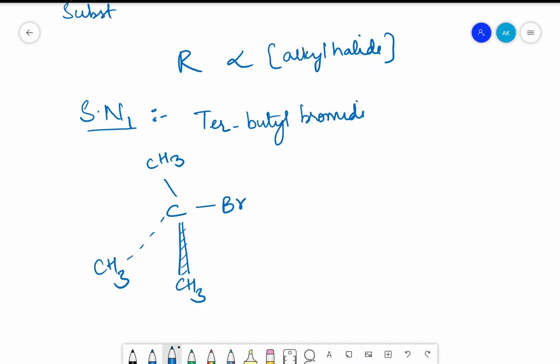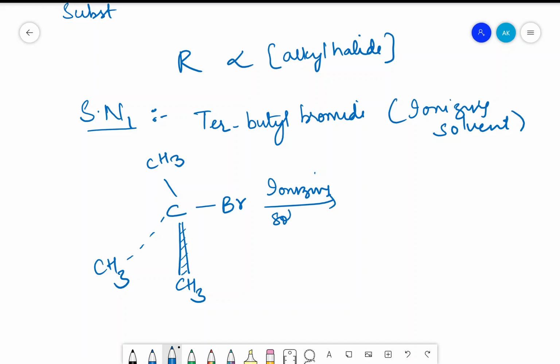As seen in SN2, there is no incoming nucleophile here directly, and this particular SN1 reaction requires ionizing solvents. So ionizing solvents will assist in ionizing your substrate or alkyl halide.